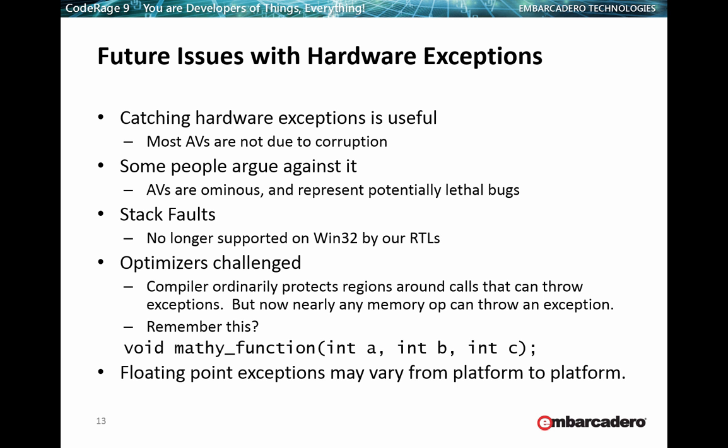That's true. But in practice, the vast majority of things like access violations and floating point errors are not due to corruption. They are due to input validation failure, and most of them are null pointer exceptions.